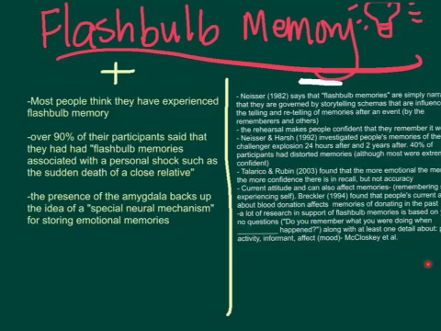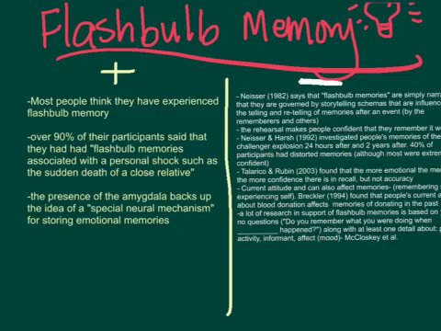And of course, they also had to include at least one detail about where they were, what they were doing, who told them, and how they felt or how other people felt while this event happened or in the aftermath of the event. So basically, if they said yes to remembering an event, and then they gave one detail about what they were doing or where they were, then that was enough for Brown and Kulik to say, yes, this person has flashbulb memory. So if you actually think about it, the evidence is not really that strong, okay?